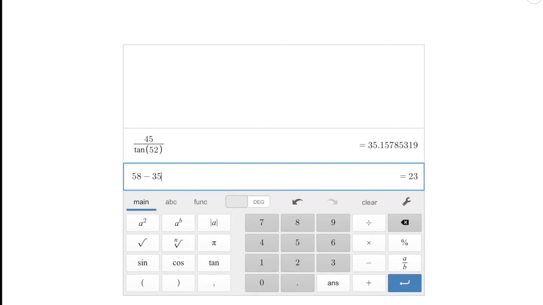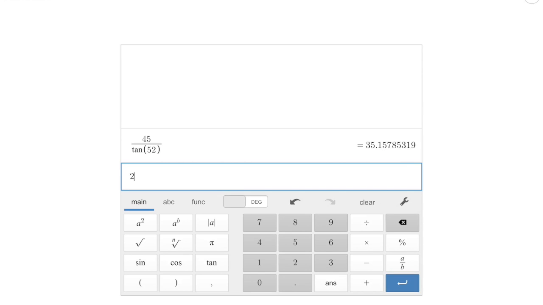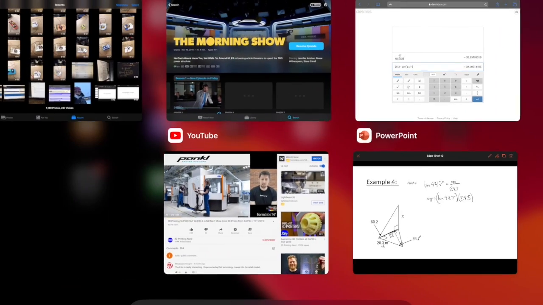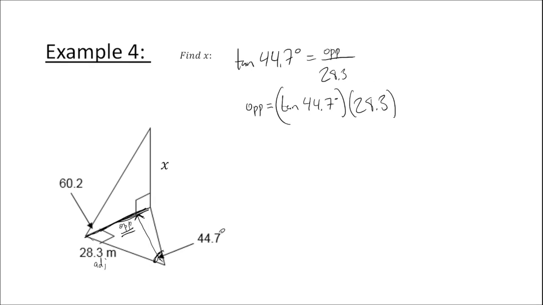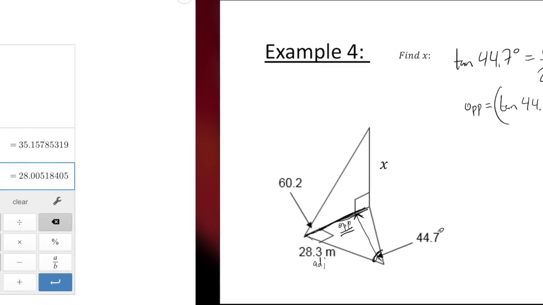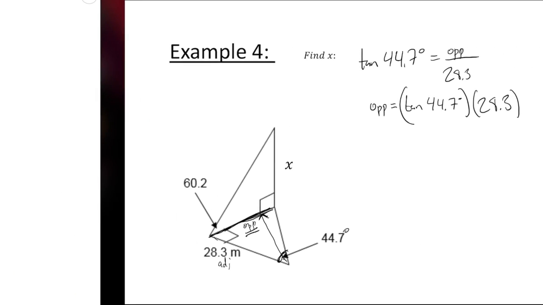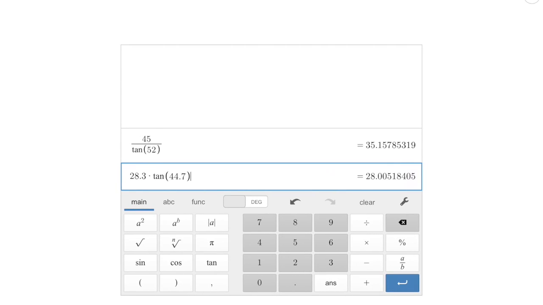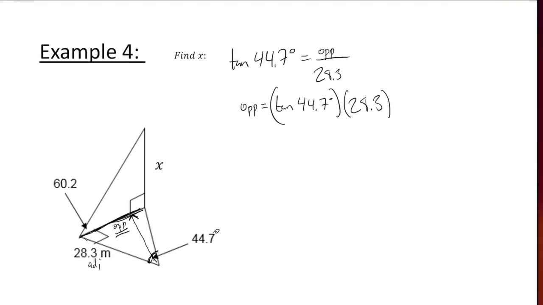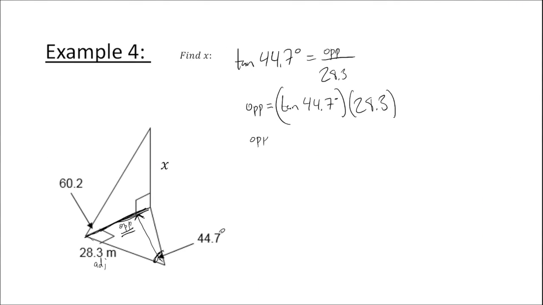So let's solve that. 28.3 times tan 44.7. So my answer is 28. So the opposite equals 28 meters.